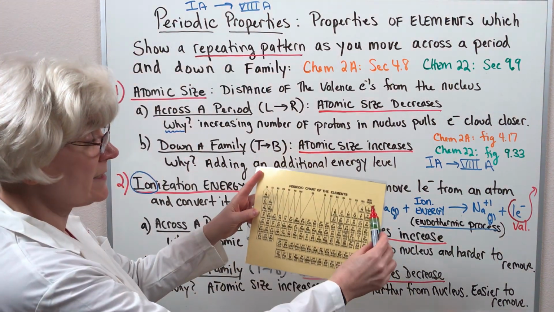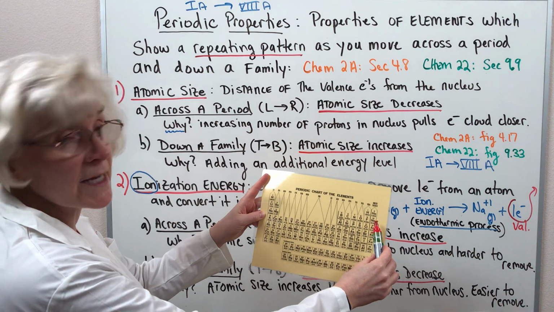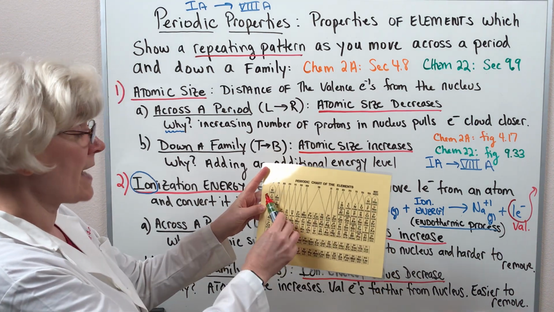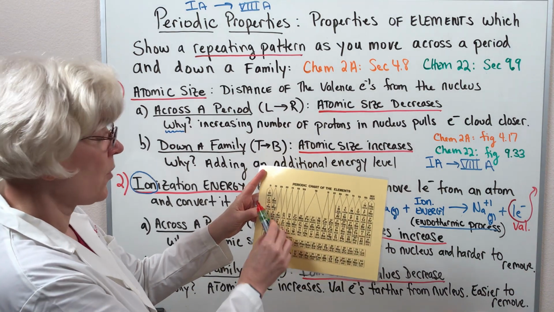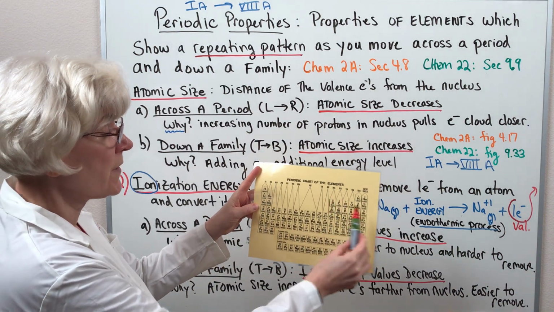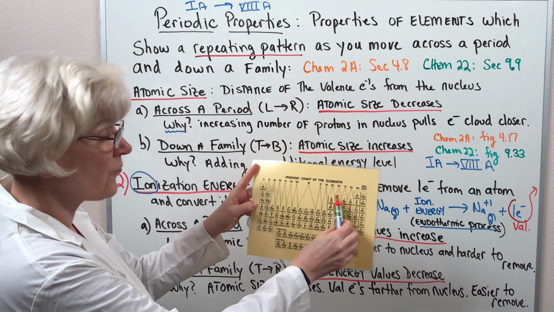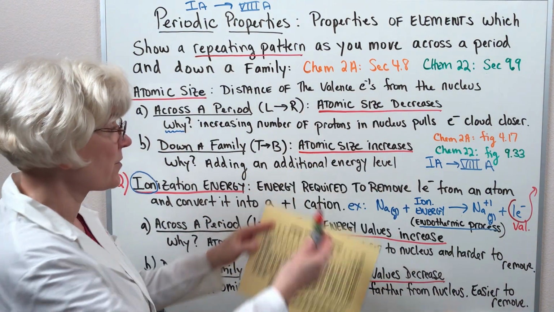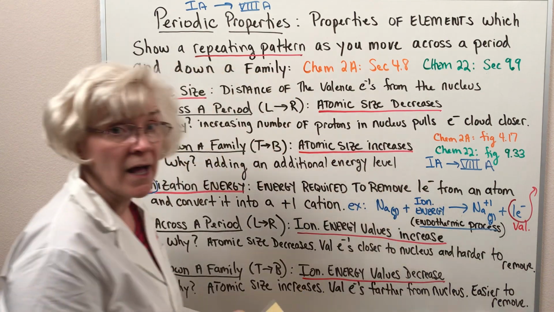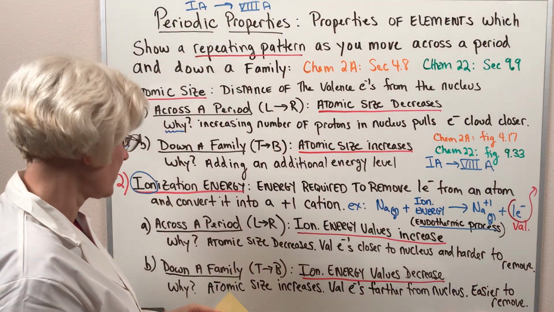In other words, it's going to take more energy to remove an electron from a neutral neon atom than from a lithium atom, and progressively more energy as you move over each additional square on the periodic table. In general, you see this pattern of increasing ionization energies.